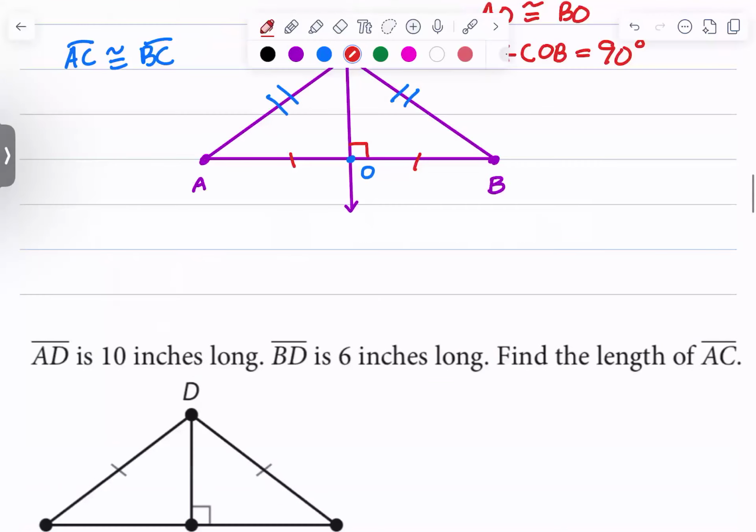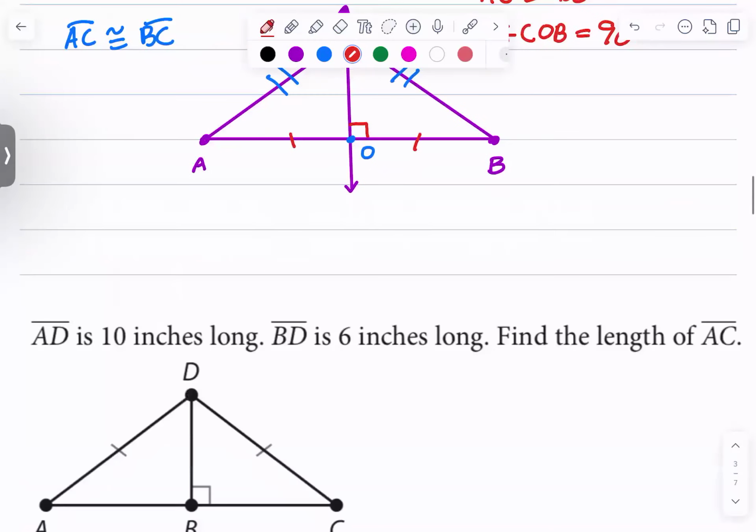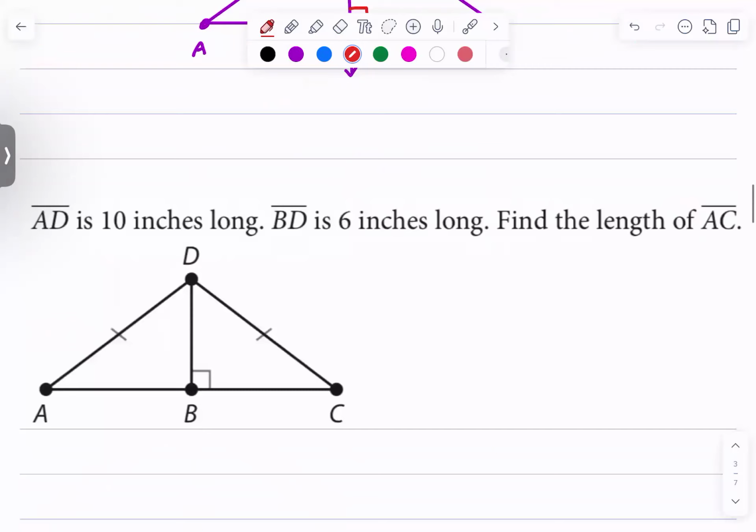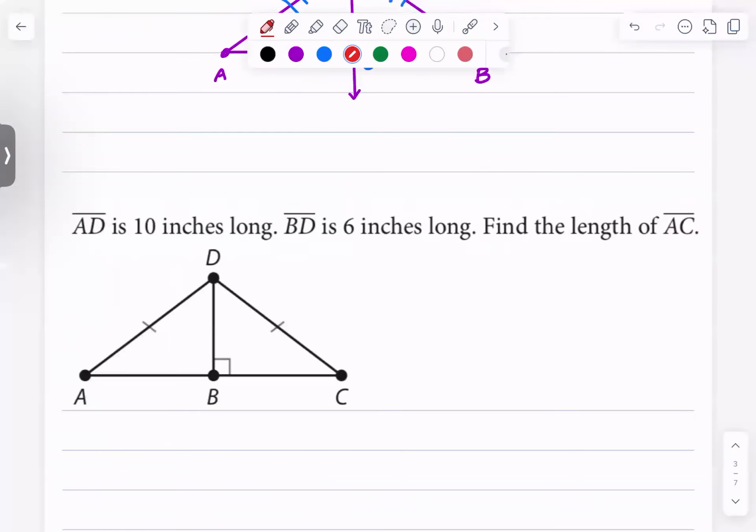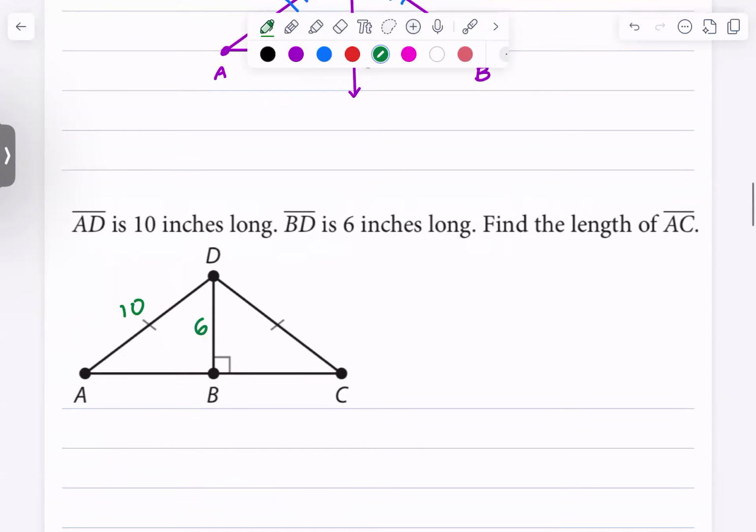So if AD is 10 inches long, so this is 10, BD is 6, find the length of AC.